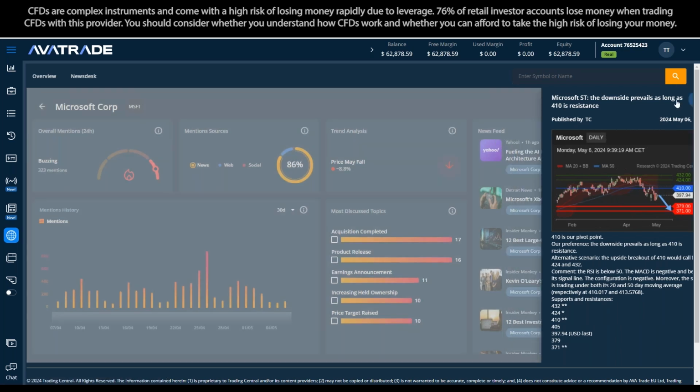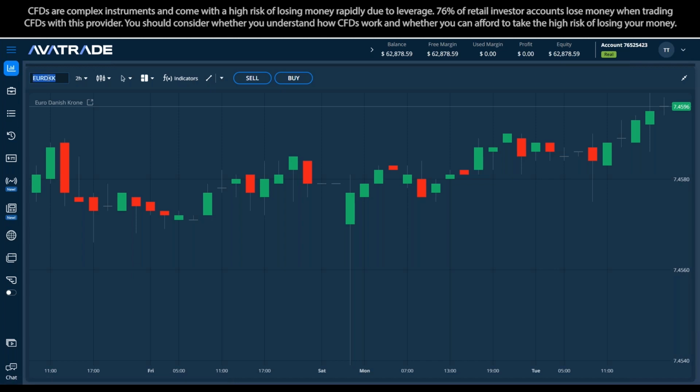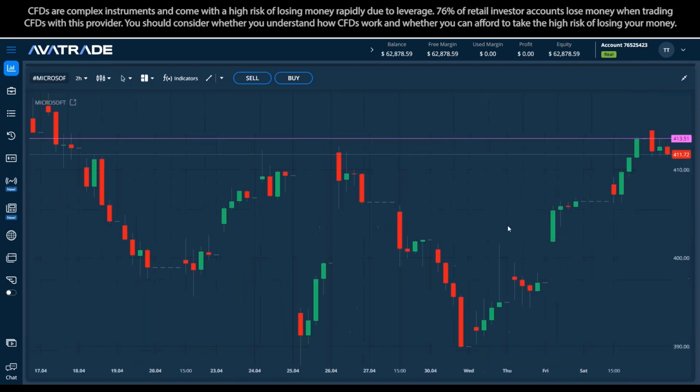And so we go back to the live movement. Bring up the chart again, and we look at the 2-hour candles, and we're just above that price point. So it makes sense in my mind that it looks like it's pushing back down. We don't know for sure, will this continue to climb or will it drop? But that signal showed if it's down below 410, that the expectation was it could drop towards 379 or lower.